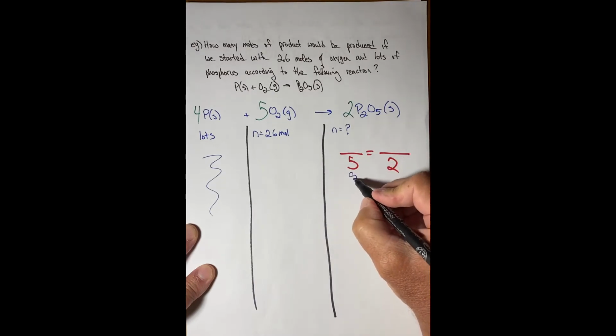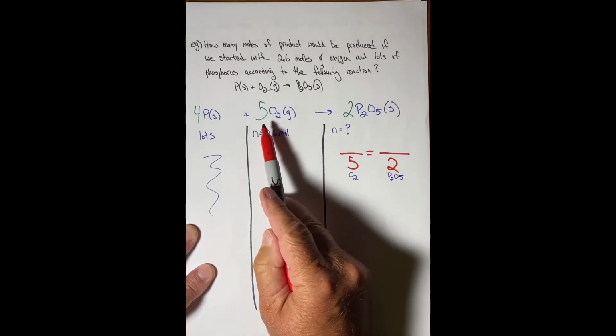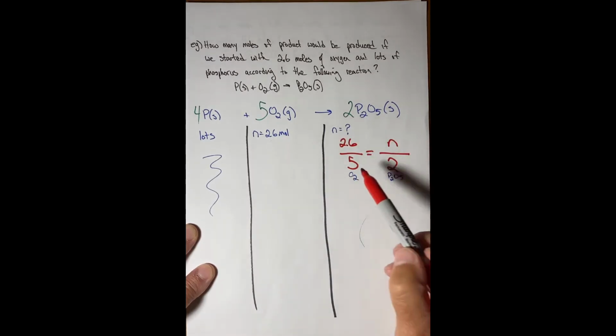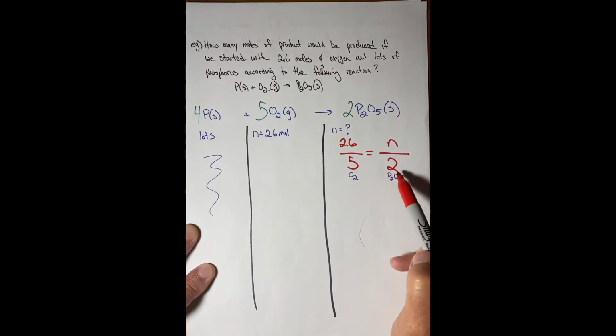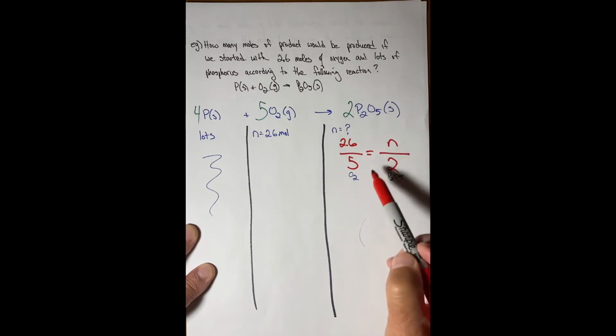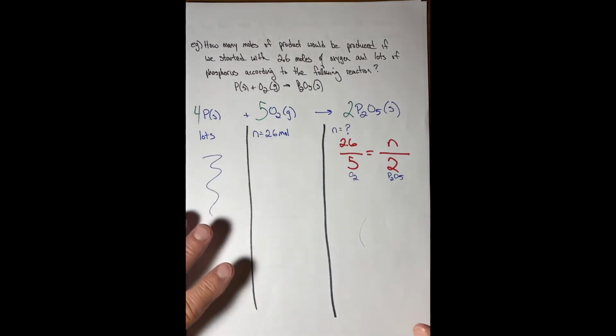So this is my O2 side, and this is my P2O5 side. Now, I don't have 5 moles of oxygen. I am only using 2.6. And what I'm basically doing is, I know I have to maintain a 5 to 2 ratio. So if I have 2.6, what do I need here to maintain that 5 to 2 ratio? When you do the calculation, I generally do this in 1 step. I don't bother doing it in more than 1 step.